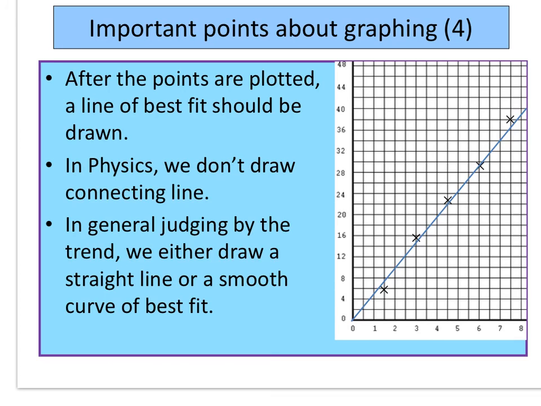In general, judging by the trend of the plotted points, we either draw a straight line of best fit or a smooth curve of best fit. In our case here, it is clear that the general trend of these points is a straight line. So we draw a straight line through somewhere in the middle.